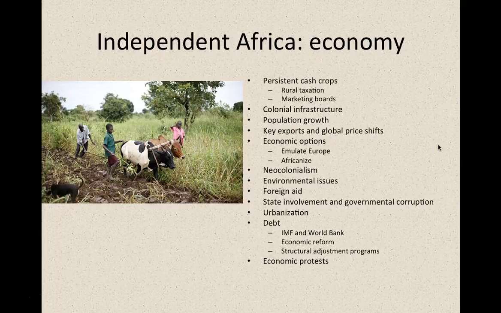And usually the SAPs involved the privatization of parts of the economy that had been nationalized and socialized, the exit of the state, things like marketing boards and high levels of taxation, from the economy, turning more and more of it over to the private sector, and permitting laissez-faire economics to actually happen in Africa. This, of course, was a very Western model of things.